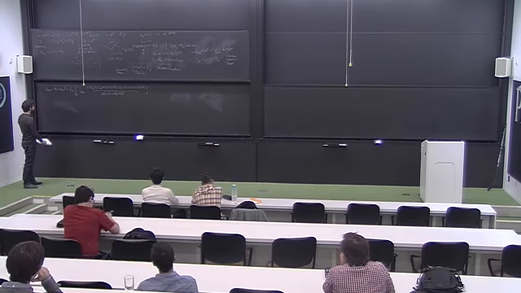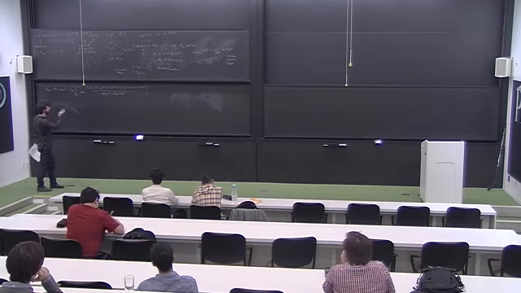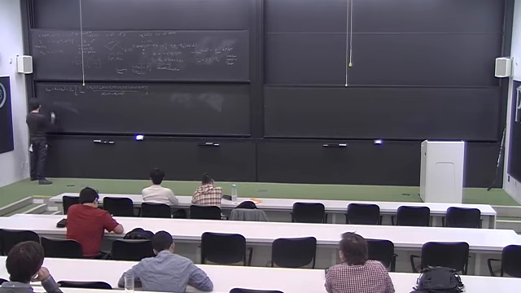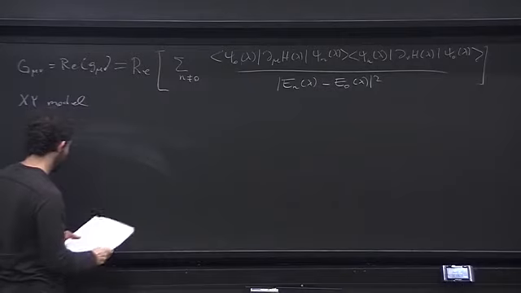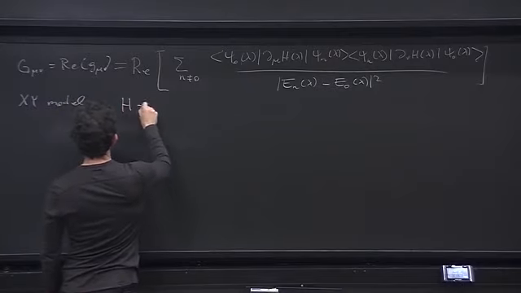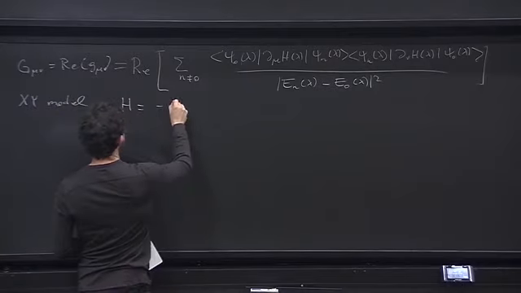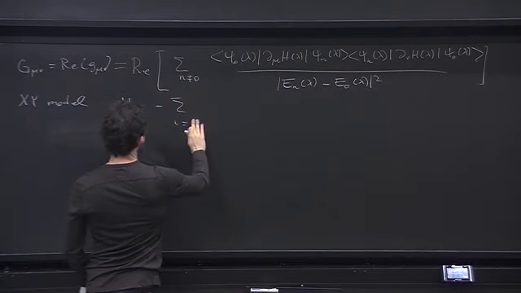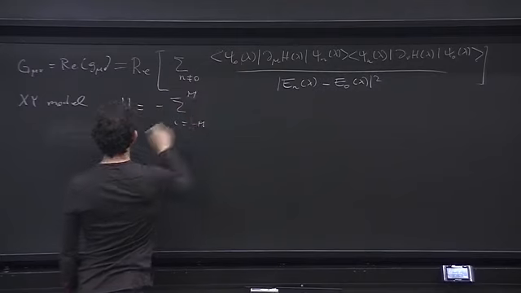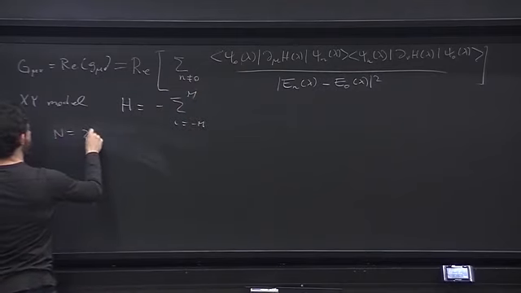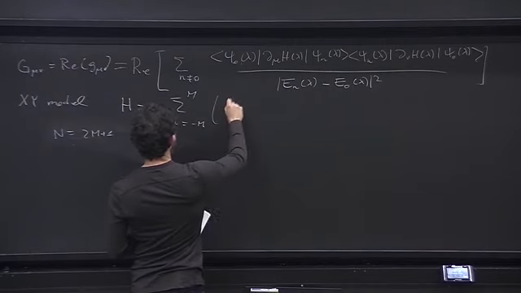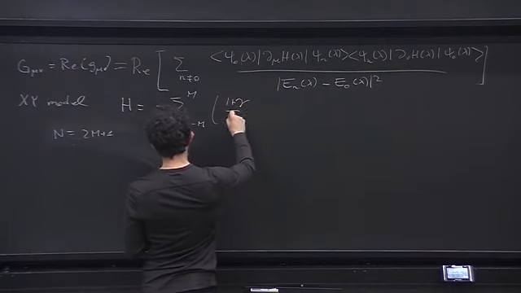Okay, so let us apply these definitions to some case. We apply it to the XY model. I have a spin chain with n equal 2m plus 1 spins, and I have the couplings in the gamma-lambda space.